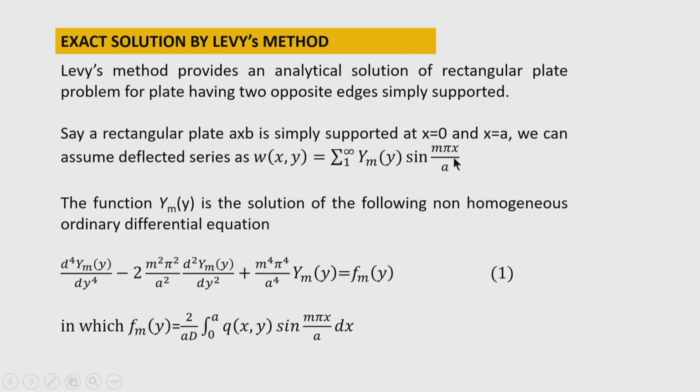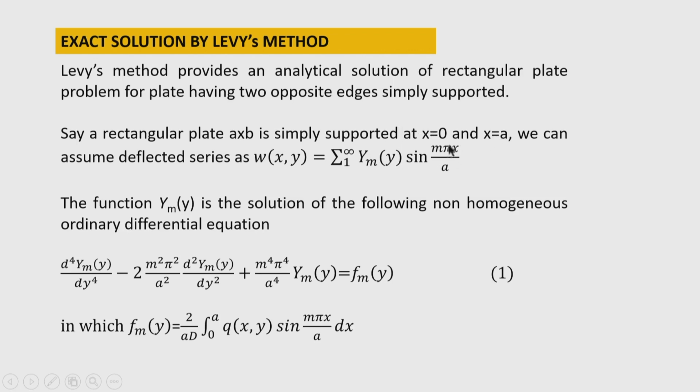Taking the sine function renders the boundary conditions satisfied at the x equal to 0 and x equal to a edges. That is, curvature along the x direction is 0 and deflection is 0 at the edges x equal to 0 and x equal to a.